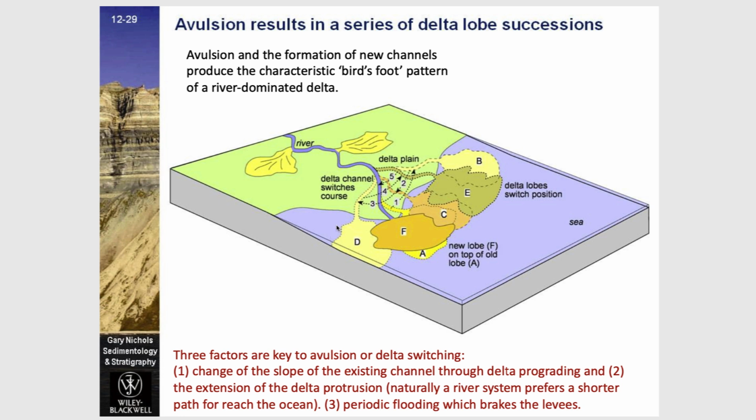We have multiple switches of the delta channel, which lead to a sequential overlap in this apron, represented by a succession of multiple delta fronts and delta tops.